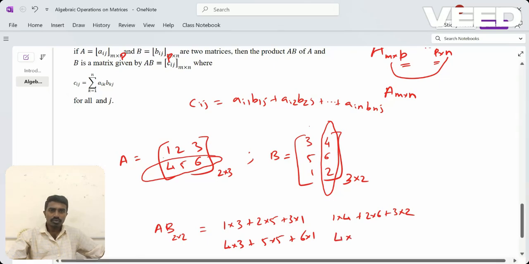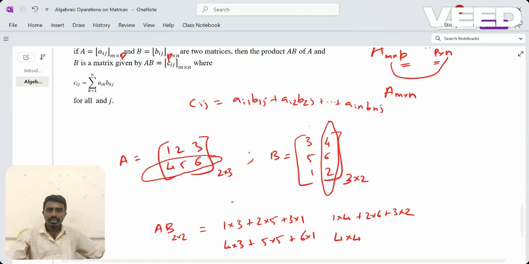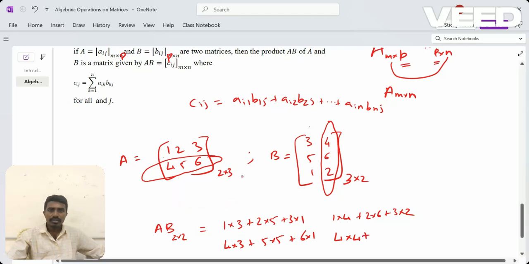So 4 into 4, and then plus 5 into 6, and then plus 6 into 2.